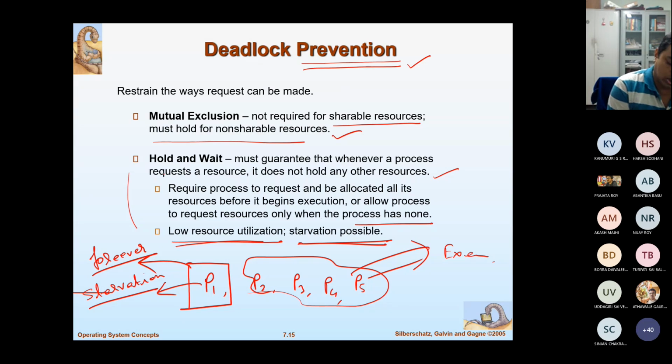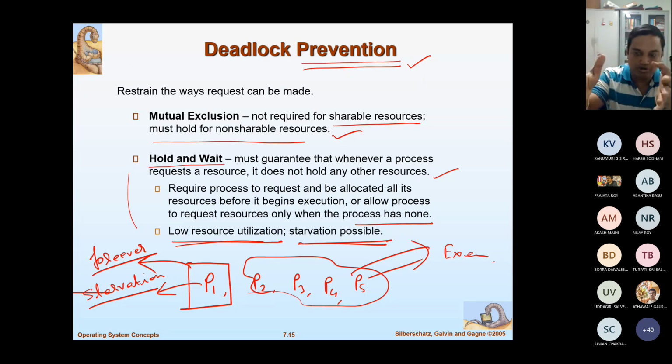So if you want the hold and wait characteristic to fail, what mechanism are you taking? The mechanism is: whenever a process requests a resource while it is holding some resource, it has to ensure that it releases its held resources and only then requests the new resource.